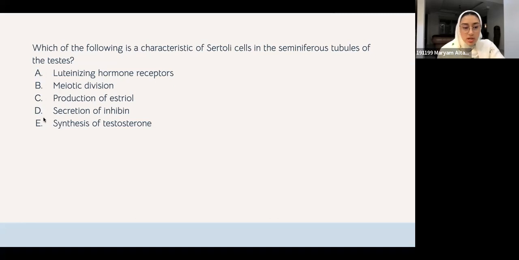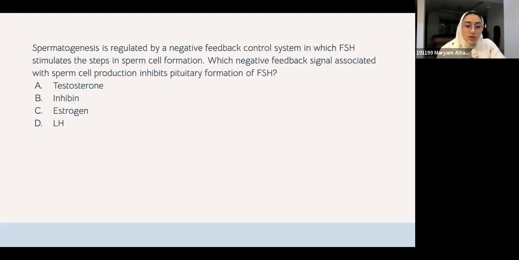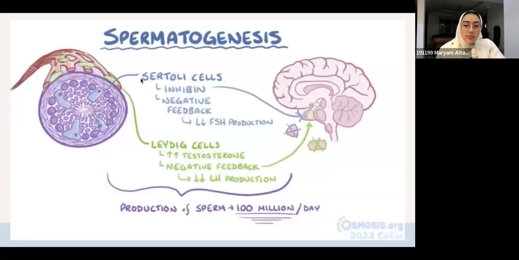You can do it either by elimination or just by your knowledge that Sertoli cells secrete inhibin. Okay? Inhibin is going to decrease the production of FSH by negative feedback, like we saw in this picture here. Sertoli cells secrete inhibin to inhibit FSH. Leydig cells, the more testosterone they produce, that decreases our LH production.